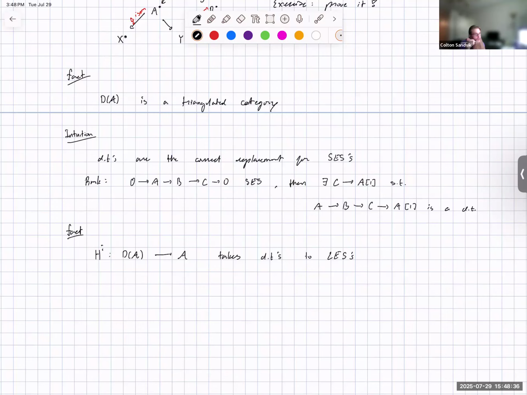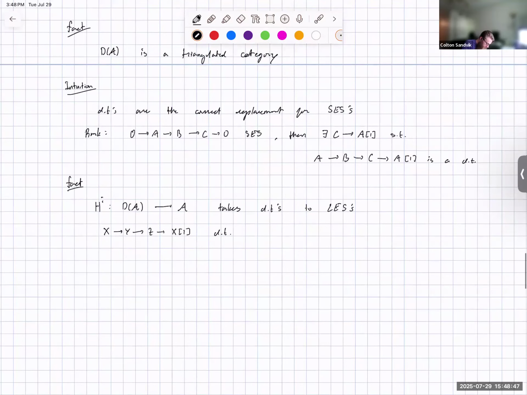So what do I mean by that? If we have a distinguished triangle, then we can construct a long exact sequence, and so on.